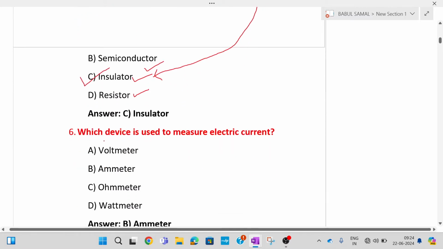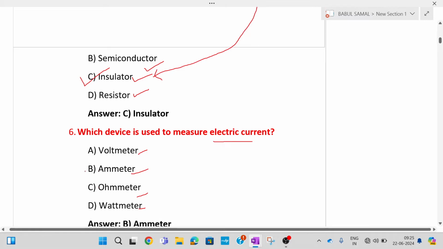Next question. Which device is used to measure electric current? Options are voltmeter, ammeter, ohm meter, wattmeter. In the earlier questions, we had discussed the unit of potential difference, which is volt. Here, the question being asked is which device is used to measure electric current.